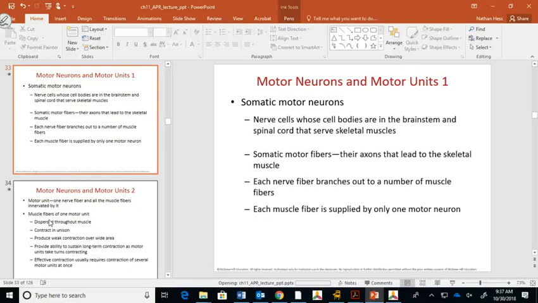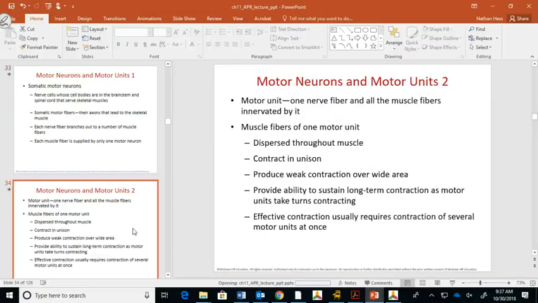We have these nerves that are attached to the muscles, and we call those a motor unit. There's some sort of a problem with that muscle that is causing it to just stay contracted. Usually from dehydration.